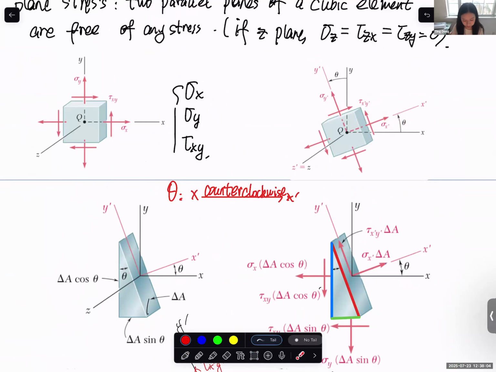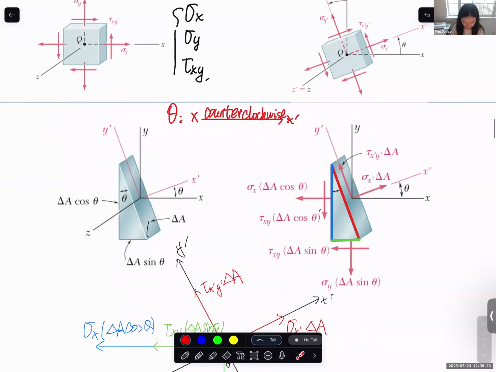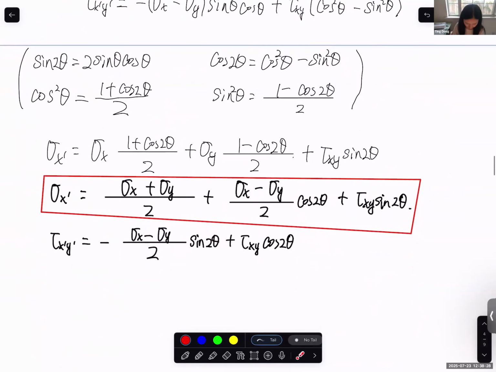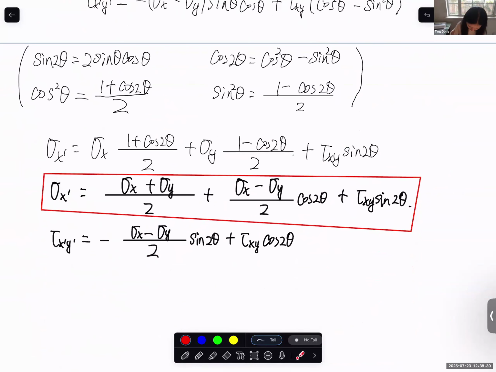As long as I know the angle, and as long as I know the original sigma x, sigma y, tau xy in the original coordinate system, I know the stress on the plane after rotation. And of course, this is only two of them. We need one more. Here we have sigma x prime and tau x prime y prime. We need sigma y prime.